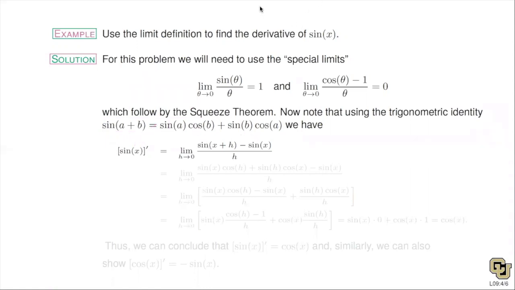So now we'll use our identity, this sum and difference identity, on this expression, the sine of x plus h. Think of a as x and b as h. So sine of x plus h will equal sine x cosine h plus sine h cosine x.